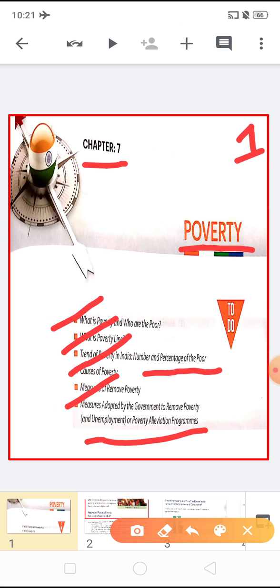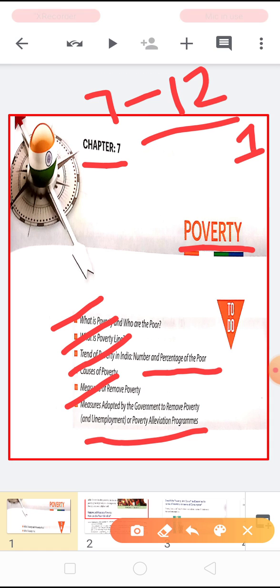Children, one thing I want to remind you again: from chapter number 7 to chapter number 12, your seventh unit will start, which is the current challenges facing Indian economy, and it contains a weightage of 22 marks in the board examination.